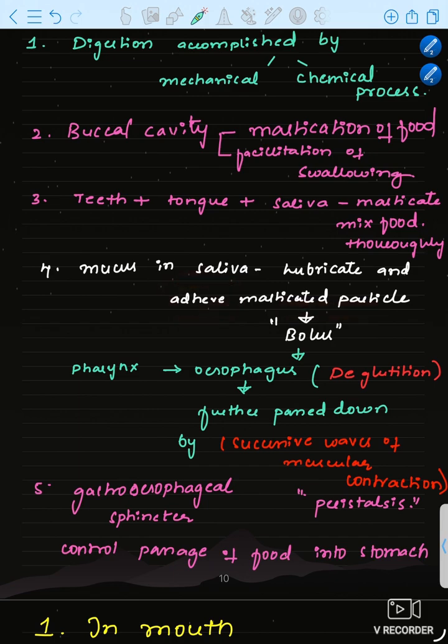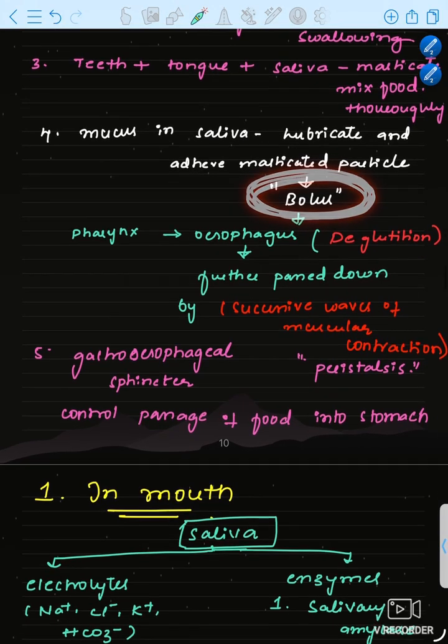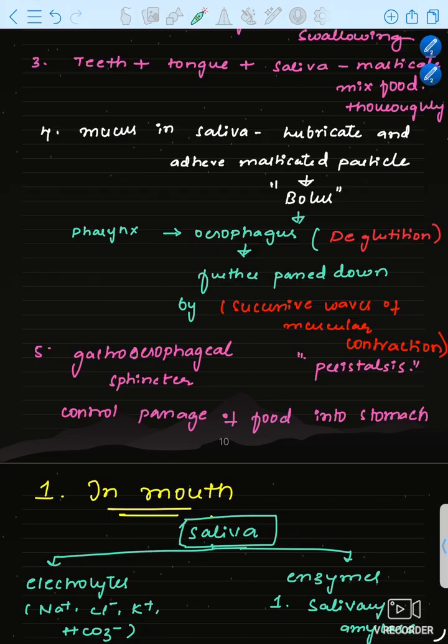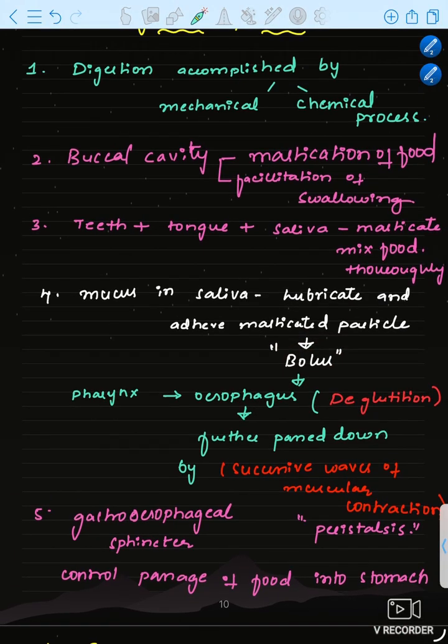The particles masticated by the teeth will be lubricated by the mucus of the saliva, and the food will be known as bolus. Now the bolus passes from the buccal cavity to the pharynx and next the esophagus by deglutition.